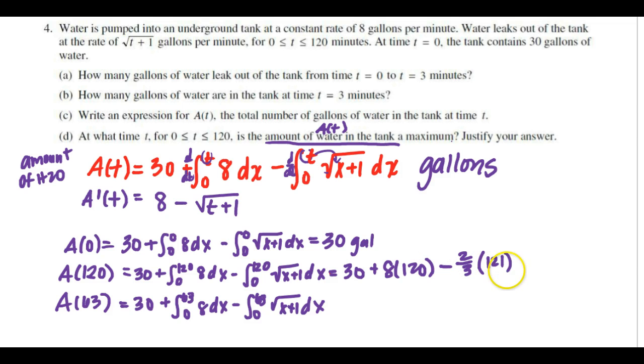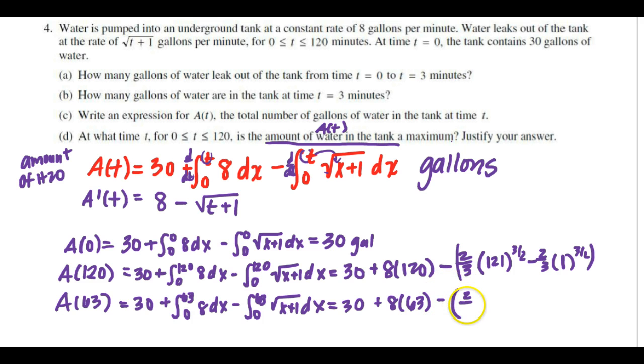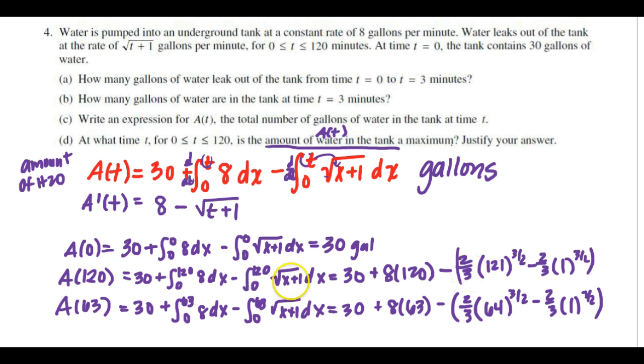So this is 2/3 times 121 to the 3/2 minus 2/3 times 1 to the 3/2. And then here, this would be 30 plus 8 times 63 minus 2/3 times 64 to the 3/2, and then minus 2/3 times 1 to the 3/2. So we have to figure out what's biggest.